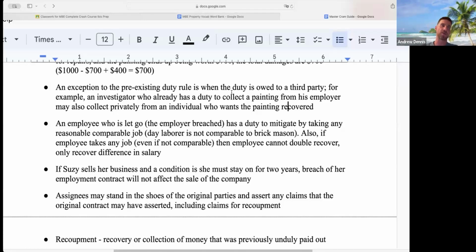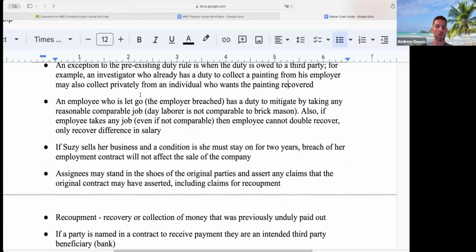Another exception, that's actually where I thought this point was going, is the agreement to pay off a prior existing debt. That's another common exception to the pre-existing duty rule. So an employee who's let go, the employer breached, has a duty to mitigate by taking any reasonably comparable job. So a day laborer is not comparable to a brick mason.